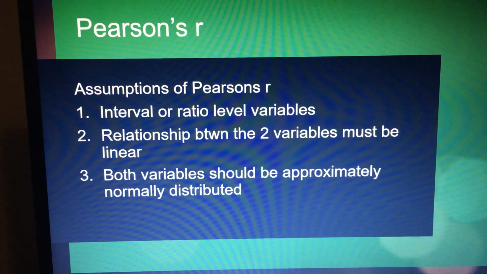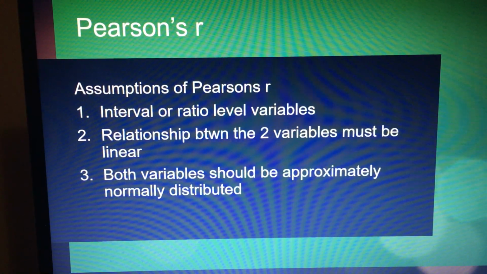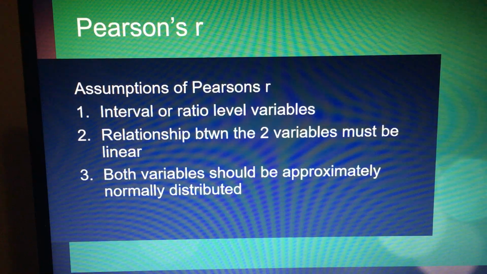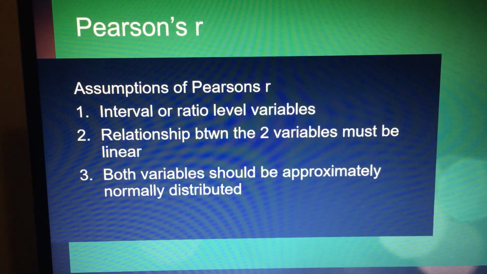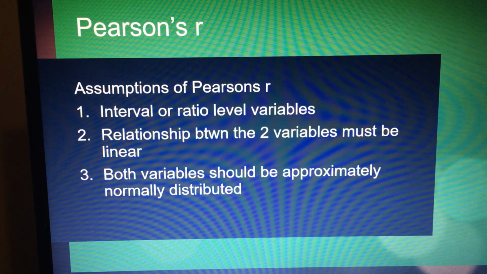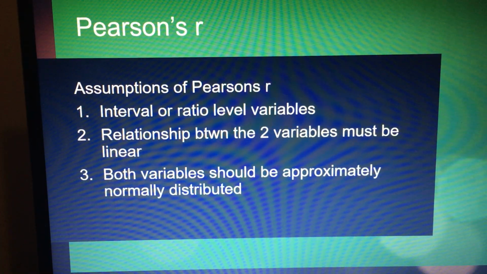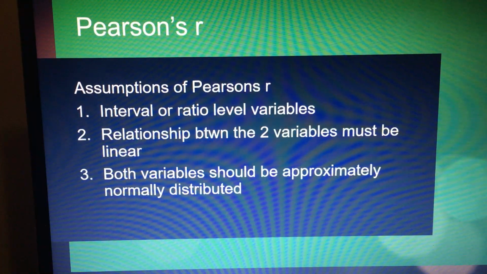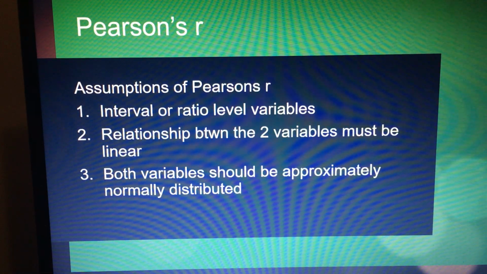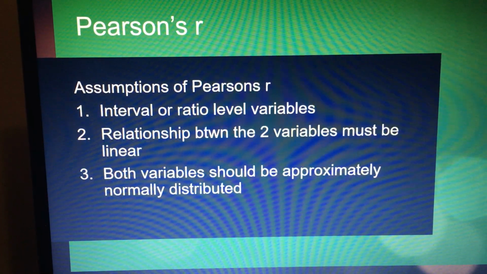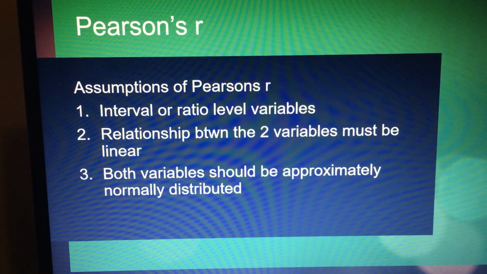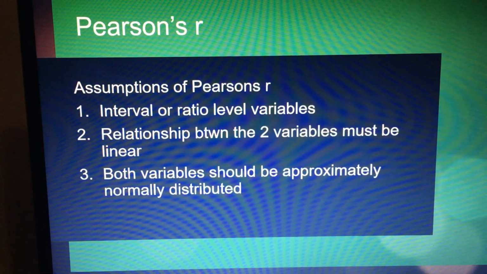However, before computing Pearson's r, it is usually a good idea to look at a histogram of each variable to ensure the distributions are not extremely skewed, that they're not bimodal, or anything else that deviates from normality.